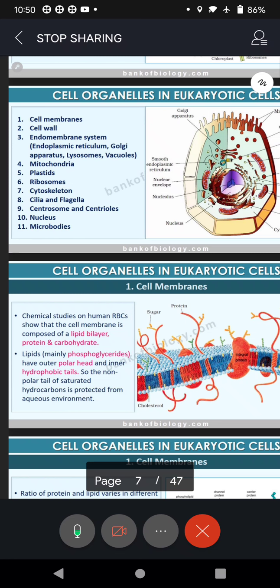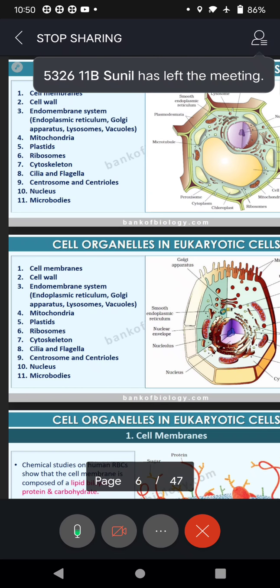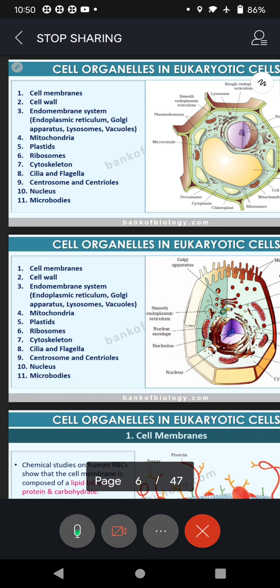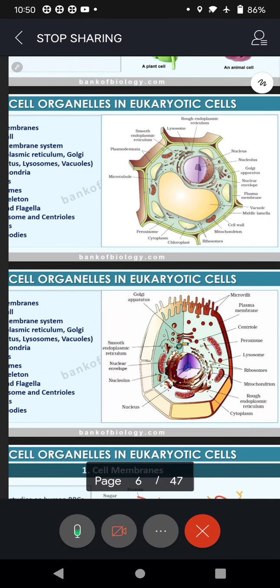And the plasma membrane is present both in plant cell as well as animal cell. In plant cell, it is present just below the cell wall. You have seen now in the diagram. Look at that. It is present just below the cell wall. Are you able to see?